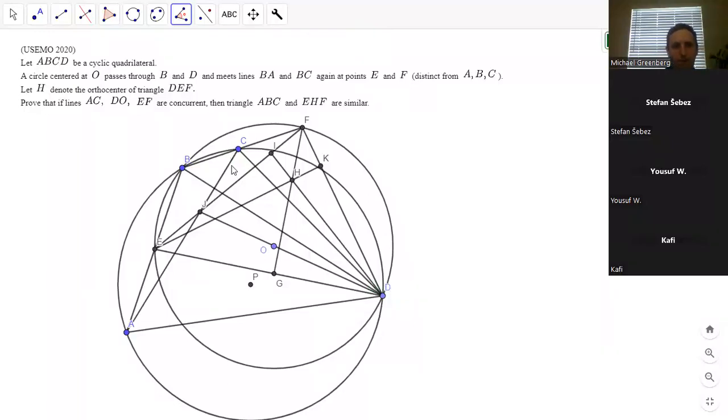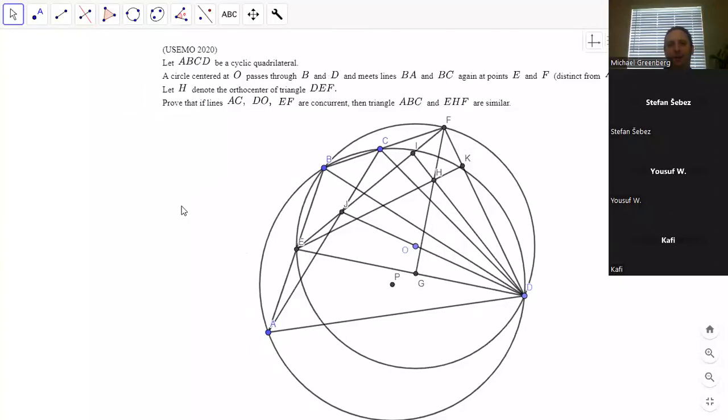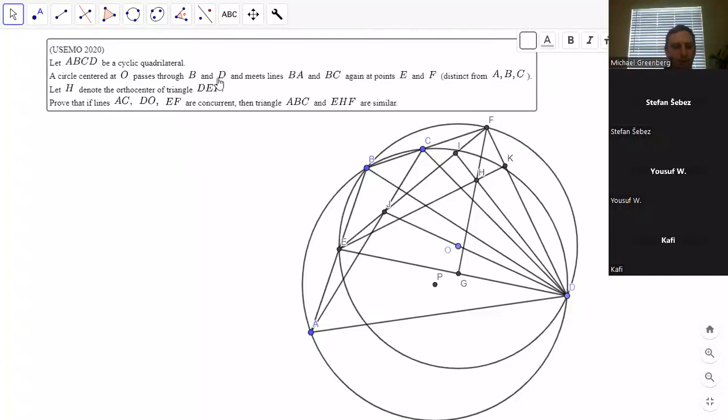So we want to show that this angle equals this angle, but this angle equals this angle, and then use the isogonal line lemma. Yeah, I really think it's just the isogonal line lemma, to be honest. So yeah, it's really just isogonal line lemma and an angle chase. So yeah, it's not the most complicated problem.